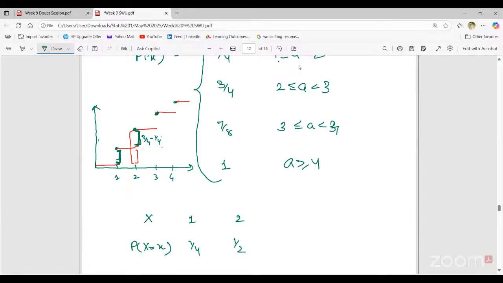Yes, ma'am. Okay. So now you tell me about the probability of x equals to 3. What will it be? 7 by 8 minus 1 by 2. Why?